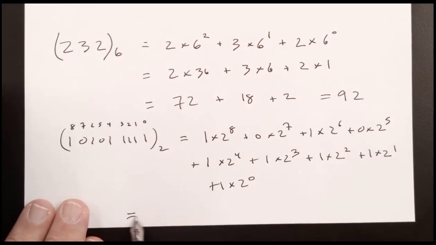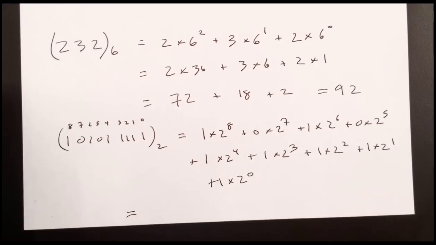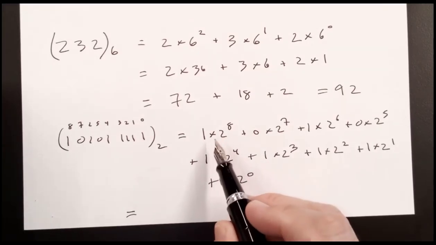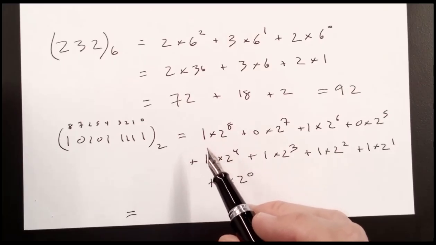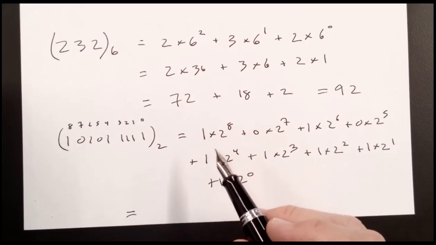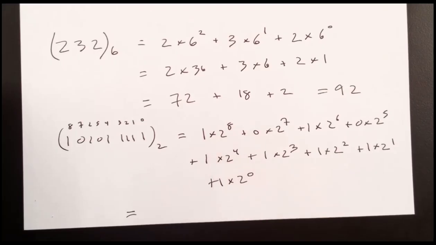Okay, now I need my powers of 2. What's 2 to the 8th? You own calculators. You do not have to do this in your head. You can, but you don't have to.